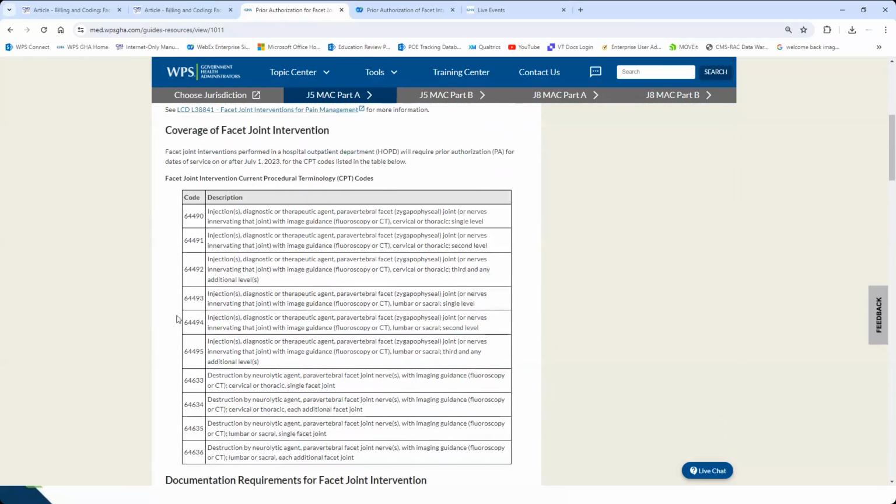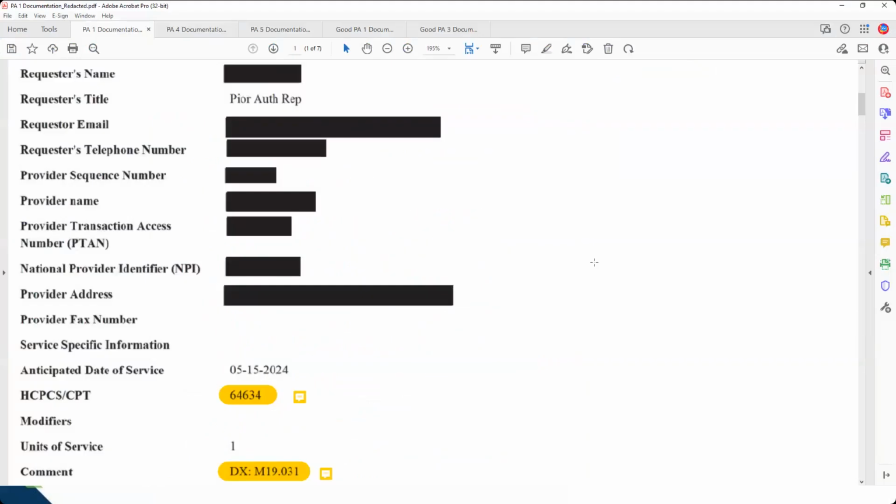And so here's all of the codes that require prior authorization if they're performed in the hospital outpatient department. If they're not included on these, they do not require prior authorization. So a wrist denervation would not require prior authorization request.